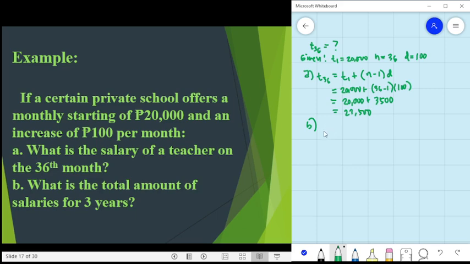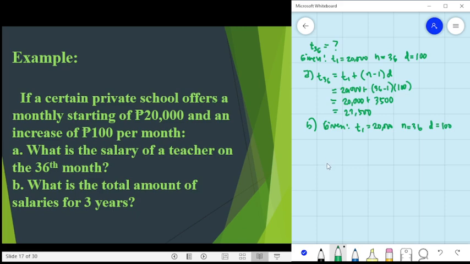We cannot use 3 years because the 100 is not added yearly, right? So the given here would be T1 is 20,000. Again, n is 36 and d is 100. From 3 years it is converted to 36, because there are 36 months in 3 years.